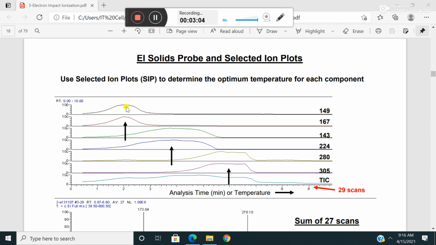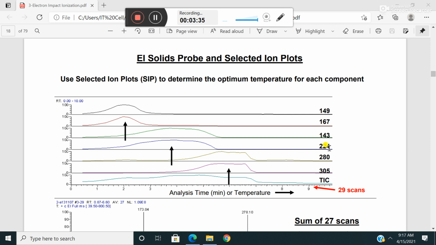But for the other components, at low temperature, the temperature has not been given, but you can see that at the analysis time of 2 minutes, the first few peaks give the molecular ion peaks. You can see here 149, 167, 143. But what about this one? As we move ahead, rising the temperature, now this component starts giving the molecular ion peak.